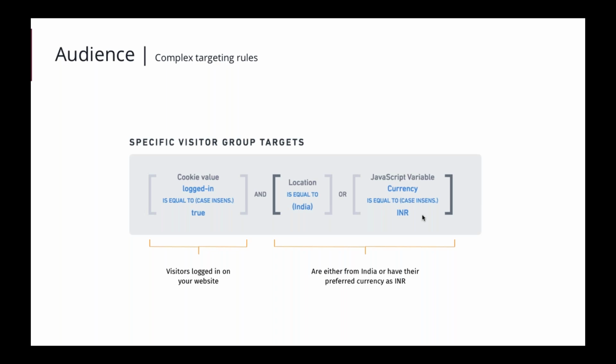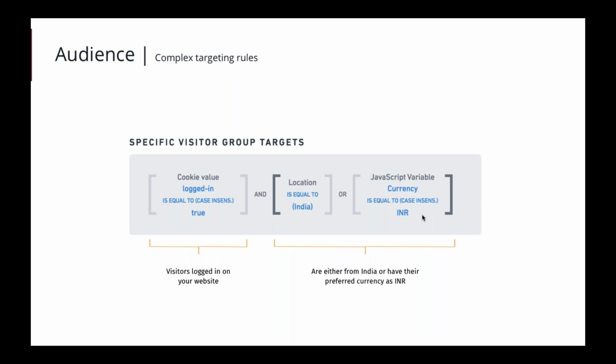Let's assume that you did your analysis, and your research suggests that you should target this particular test just to logged in visitors of your website who are from, let's say, India or have INR or Indian rupee as their preferred currency. You can identify logged in users by looking for a cookie, and then you can identify preferred currency and send it to a JS variable inside VWO.